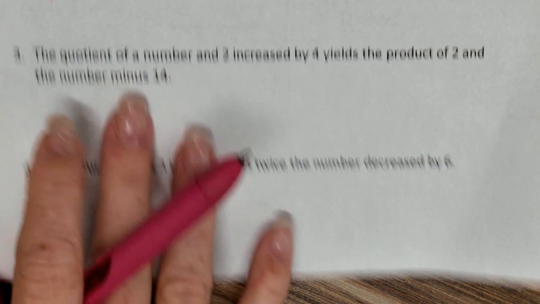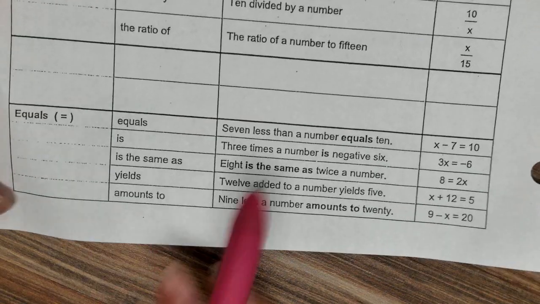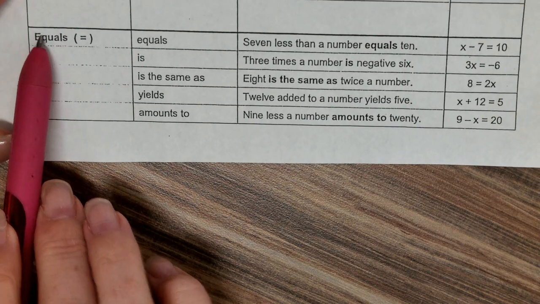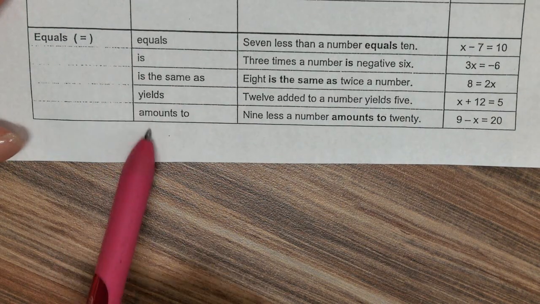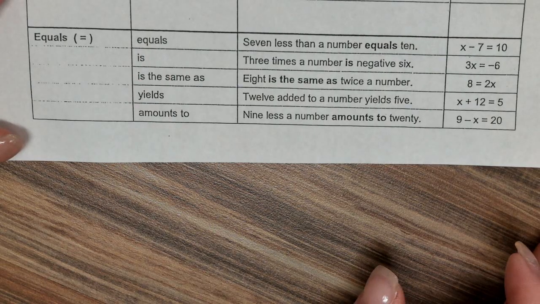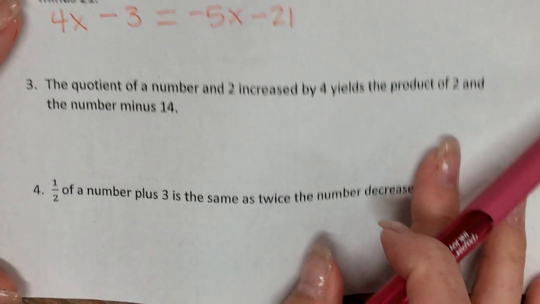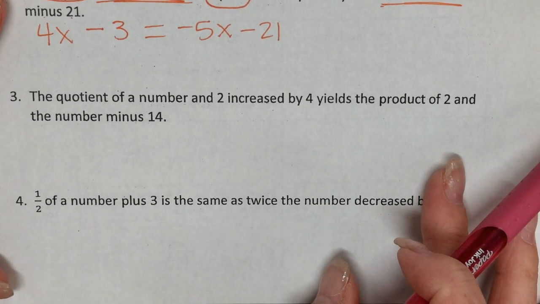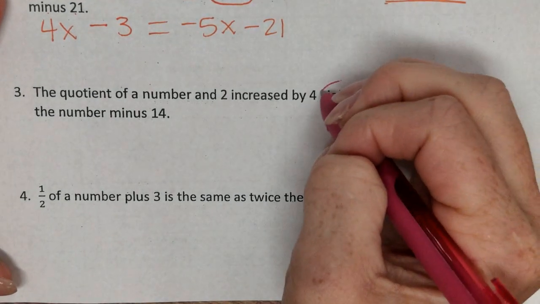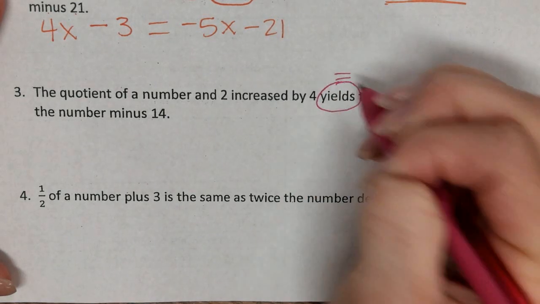So if you can't find it, go to the back of your paper. And right here under equals, here's your words that mean equals. Did y'all find it? What is it? Yield. Circle it. That's your equal sign.